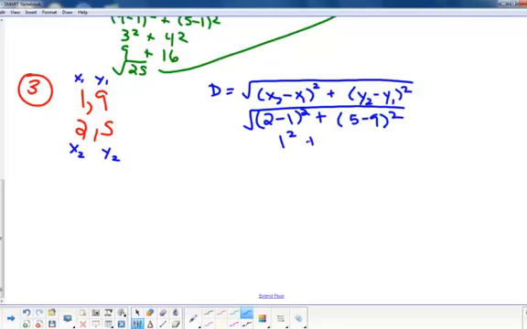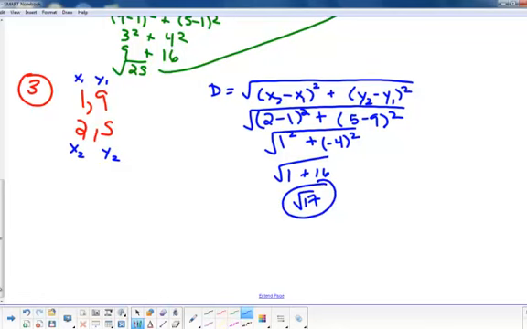So we have 1 squared plus negative 4 squared. So that's 1 plus 16. So the distance of this is the square root of 17. If you want to put 4.1, you can, but this is a better answer because there's no rounding error.